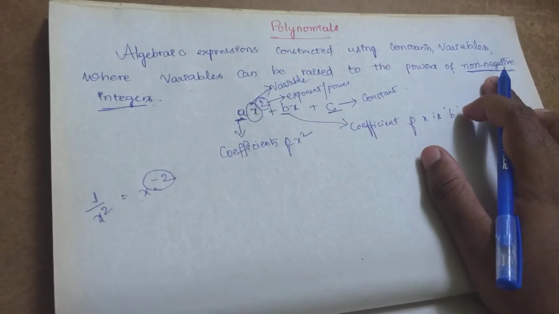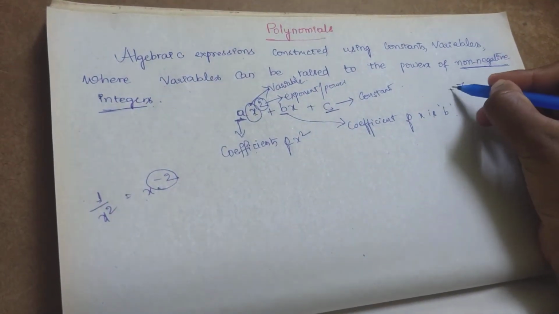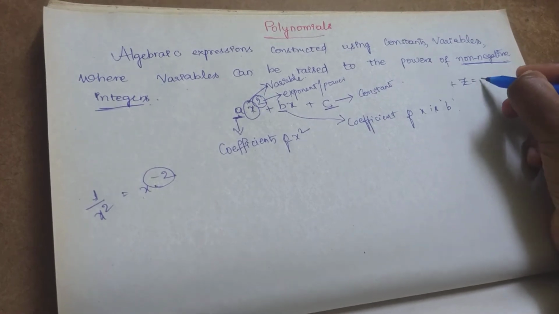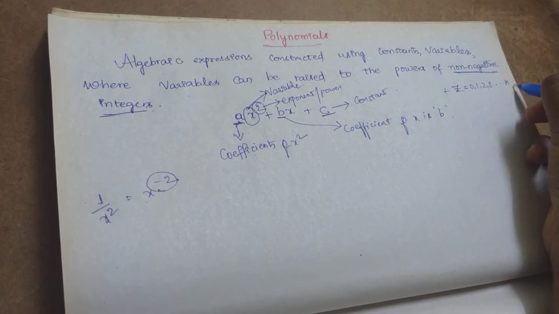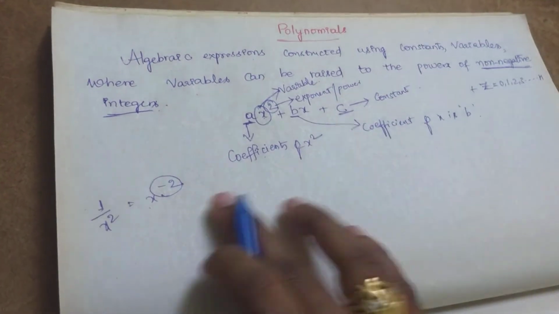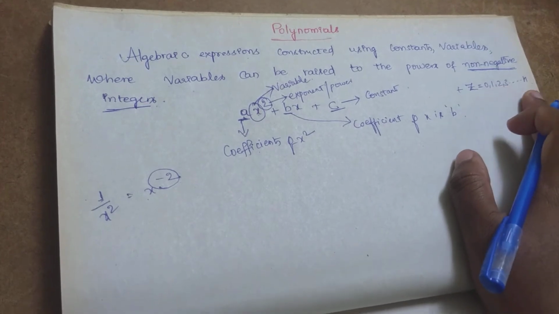So non-negative integers means 0, 1, 2 and so on till n. These are all the positive integers. It should not be negative.